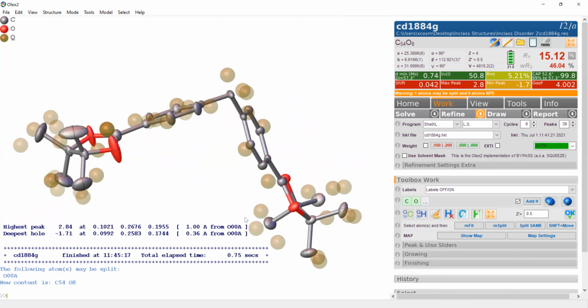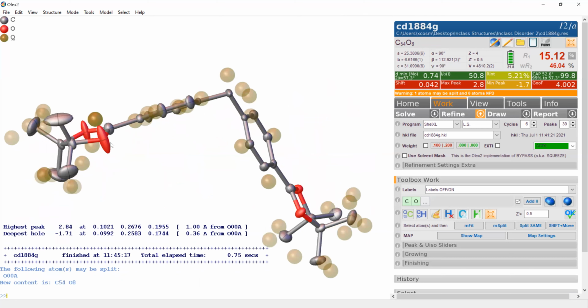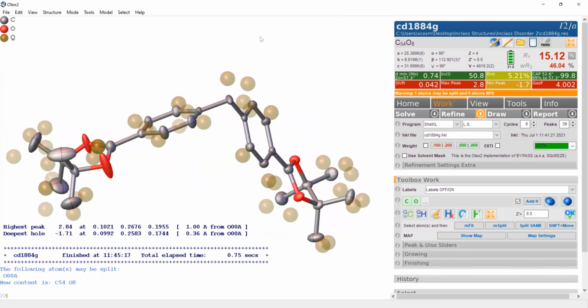Alrighty. So notice here that these two oxygen atoms over here look nice, shaped thermal ellipsoids, but these over here, very elongated.